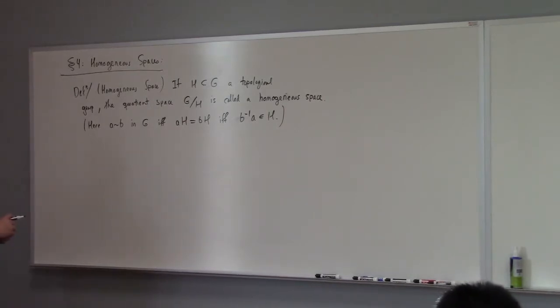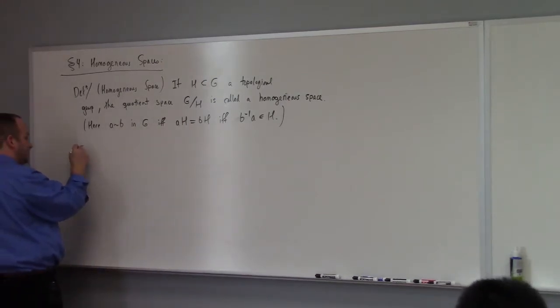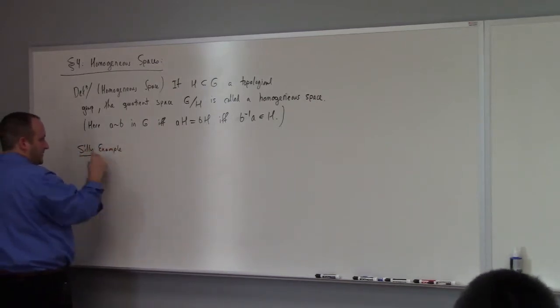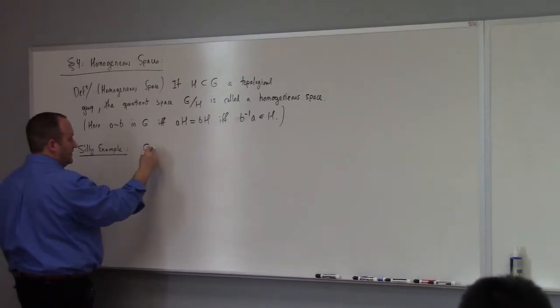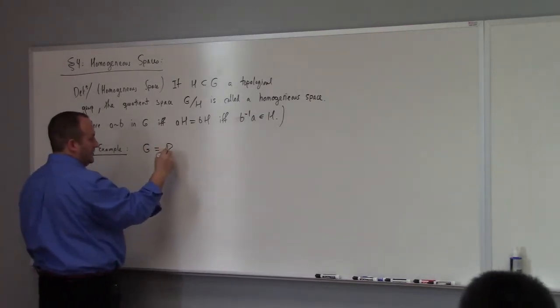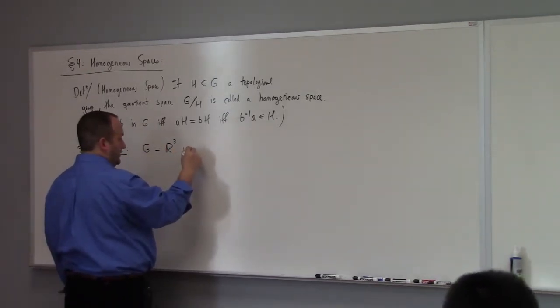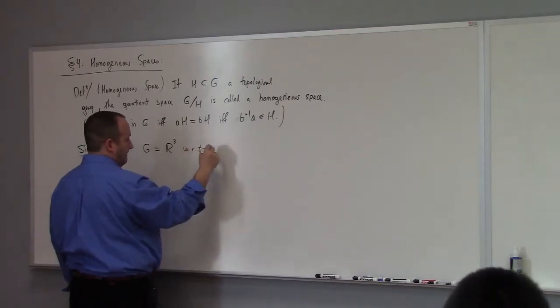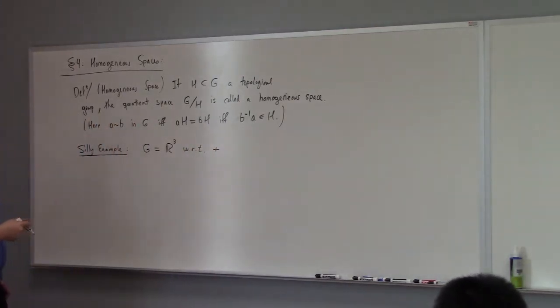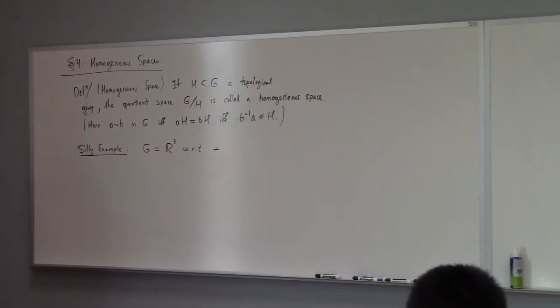Let's see if we can come up with an example of this. Let's be really kind of stupid, a silly example. What if we let G equal, say, R^3 with respect to vector addition? Then what would be a good subgroup?